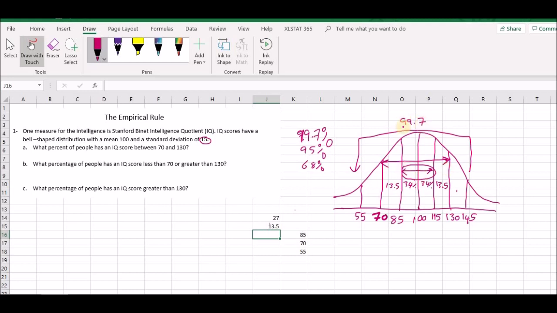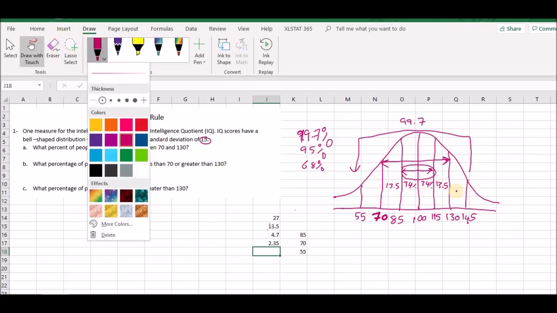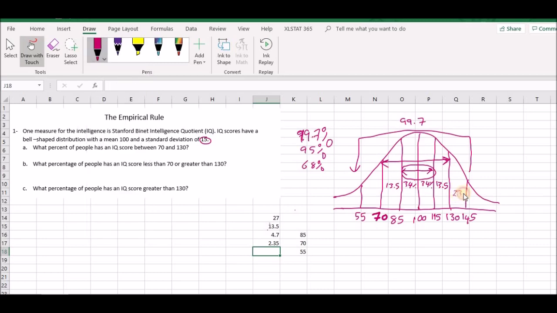If I subtract 95 from 99.7, I get the area here plus the area there, and then I divide that number in half. 99.7 minus 95 is 4.7, and 4.7 divided by 2 gives 2.35 and 2.35.